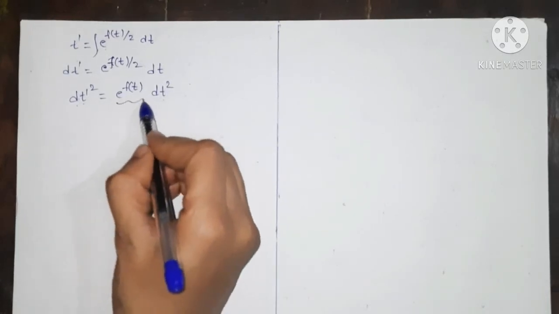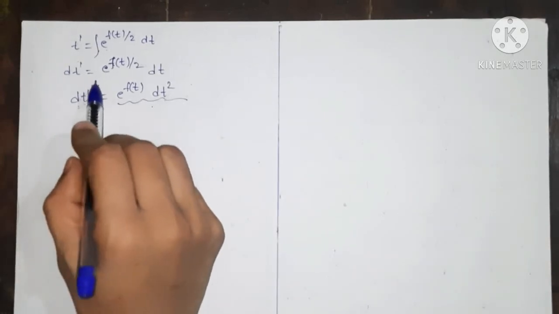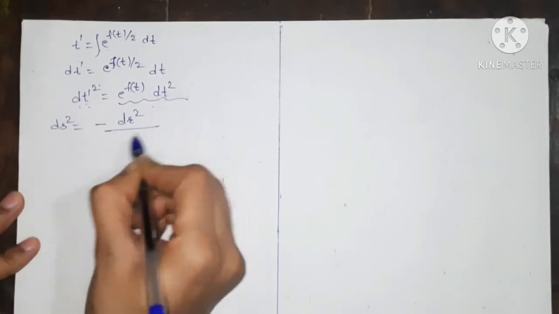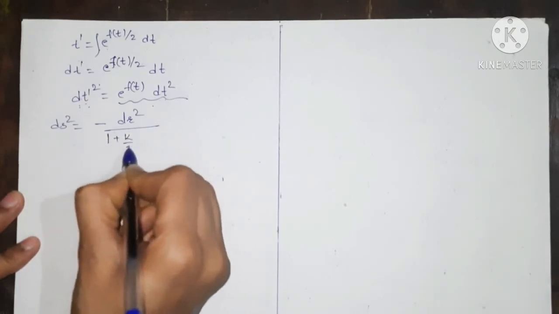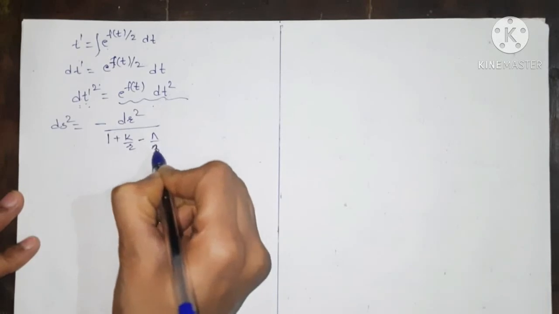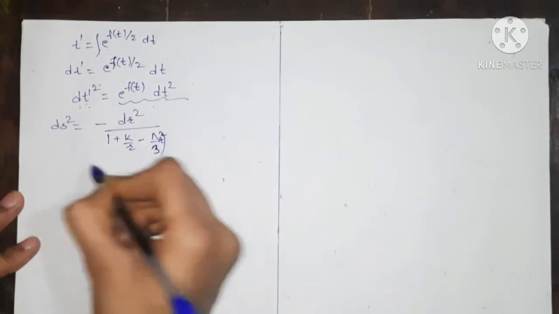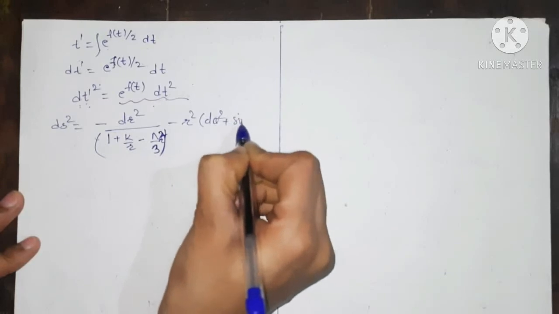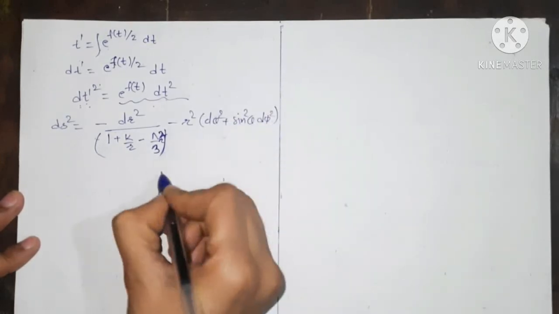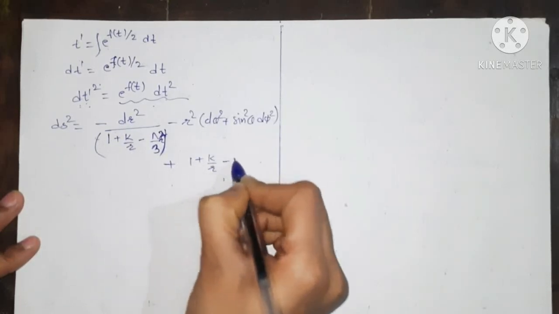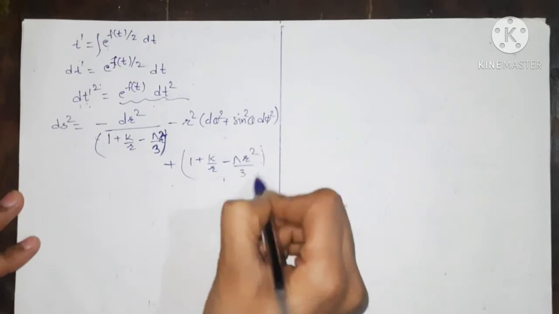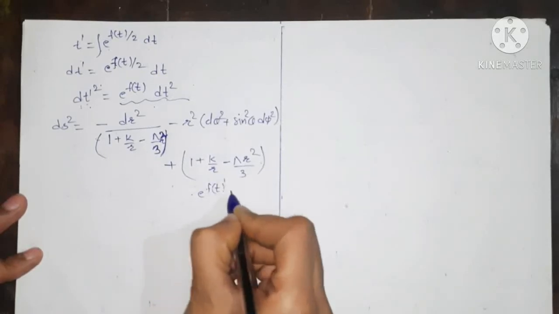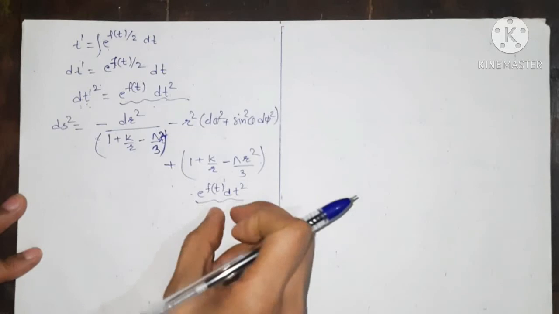Now we substitute the value of e to the power f of t dt square as dt dash square in our line element, and therefore we have ds square is equal to minus dr square upon e to the power minus a, which has value 1 plus k upon r minus capital lambda upon 3 into r square, minus r square in bracket d theta square plus sine square theta d phi square, plus 1 plus k upon r minus lambda r square upon 3 into e to the power f of t into dt square.